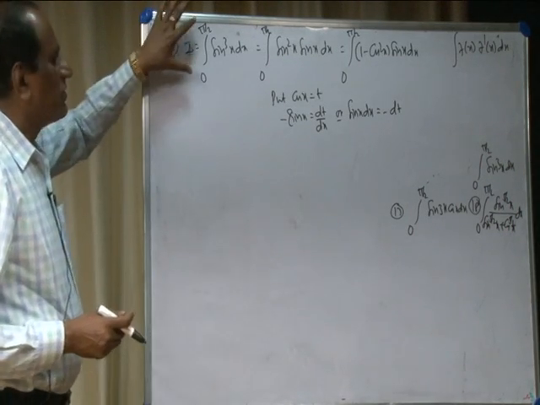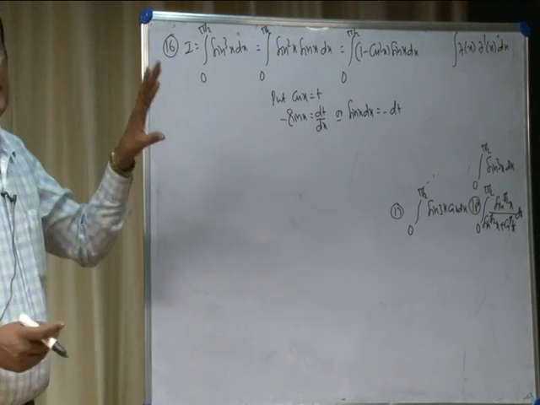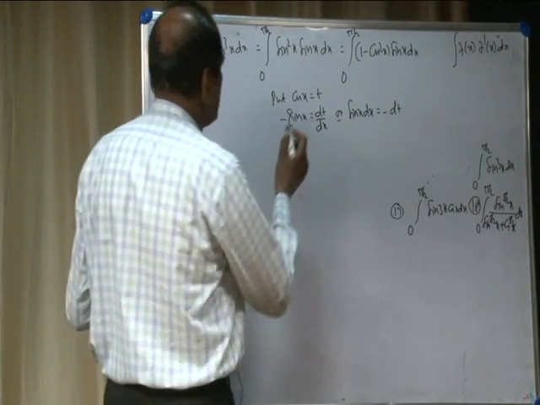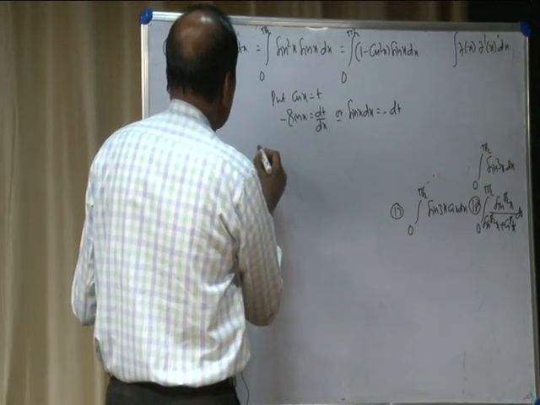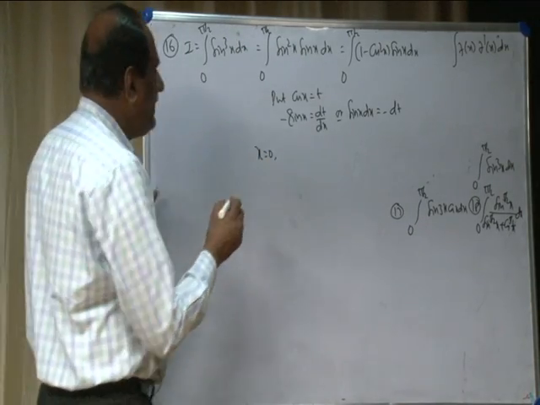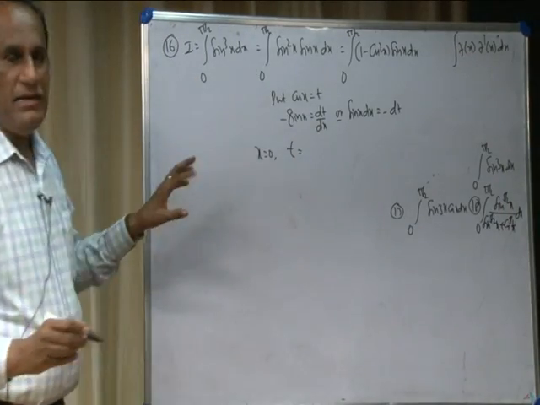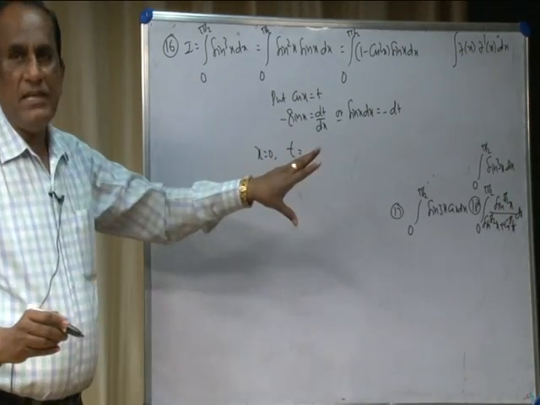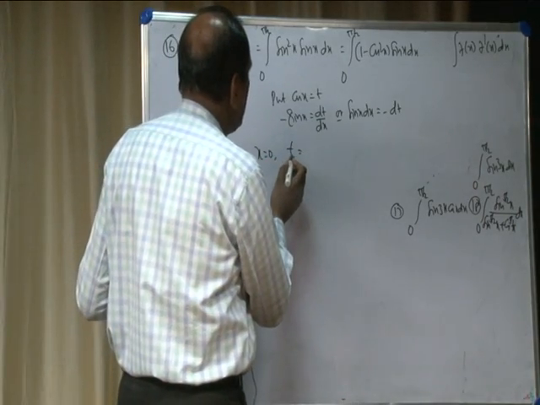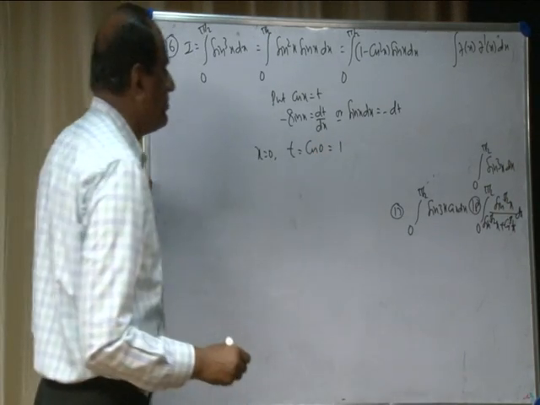Now, I am also changing the upper limit and lower limit after changing the variable from x to t. Now, see here what is the procedure. When x is equal to 0, t is equal to cos 0, which is 1.